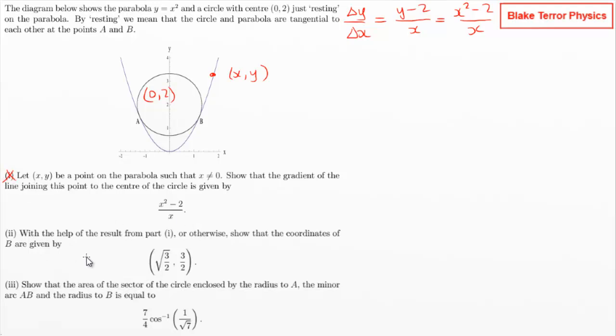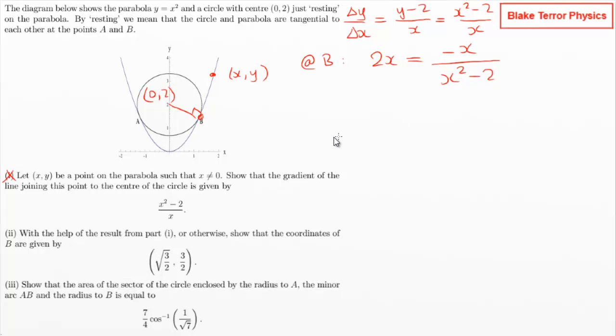Part 2, with the help of the result from part 1 or otherwise, probably not, show that the coordinates of B are given by this. So we're now bringing that point to B. Now we know at B we've got a tangent, so we've got these perpendicular lines here. So at B, the gradient of the parabola, which is 2x, is going to be equal to the negative reciprocal of the gradient of the radius.